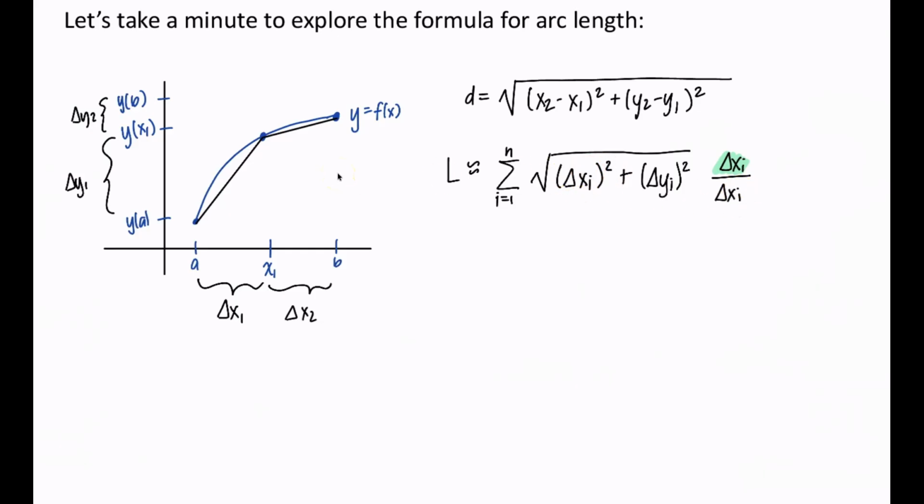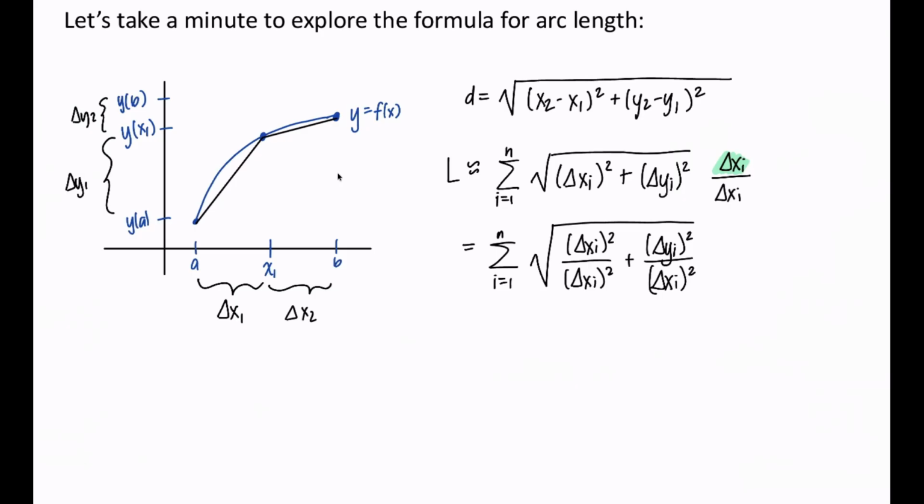So in other words, my next line is going to be the sum of i equals 1 to n. I'm going to make the square root taller now. So I have delta x sub i squared over delta x sub i squared plus delta y sub i squared over delta x sub i squared.